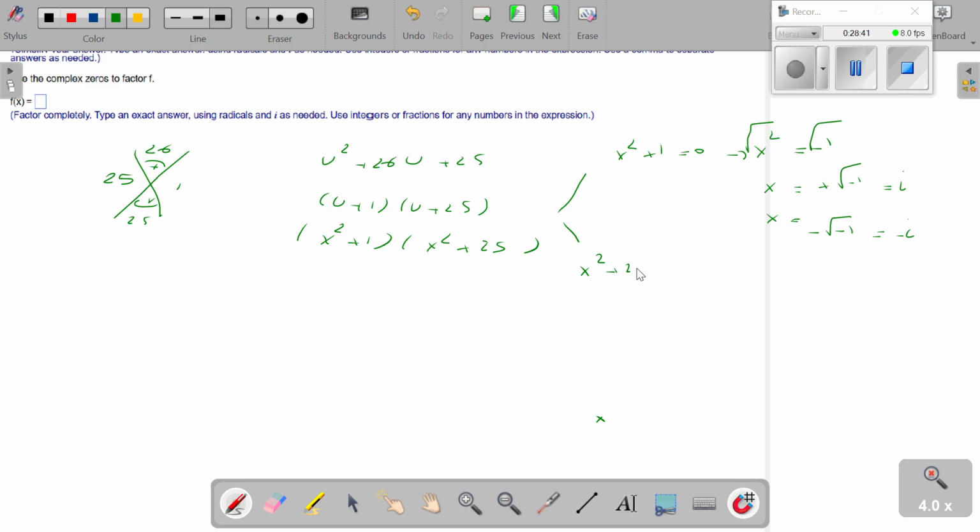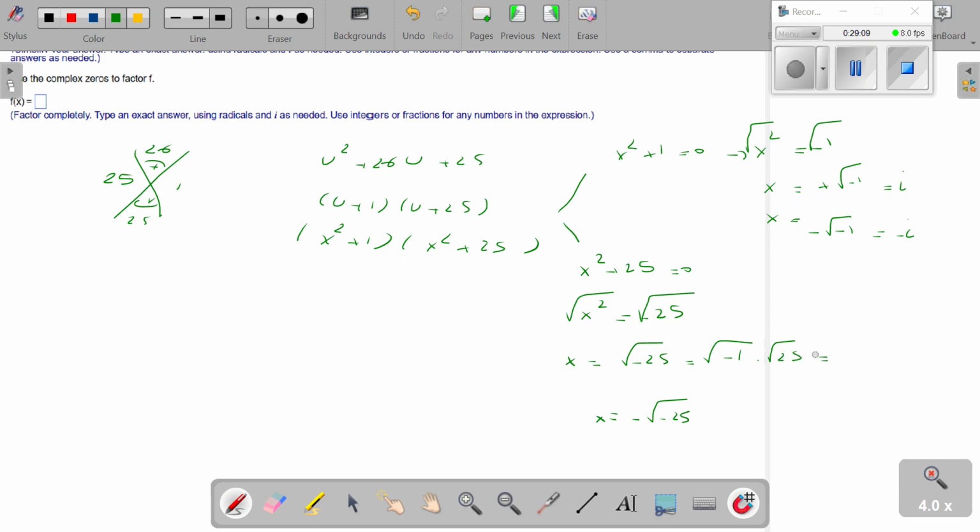Now the other one. X squared plus 25 equal to 0. Subtract 25 and x squared will be equal to negative 25. Take the square root of both sides. X will be equal to positive square root of negative 25 and negative square root of negative 25. Square root of negative 25 is square root of negative 1 times the square root of 25.